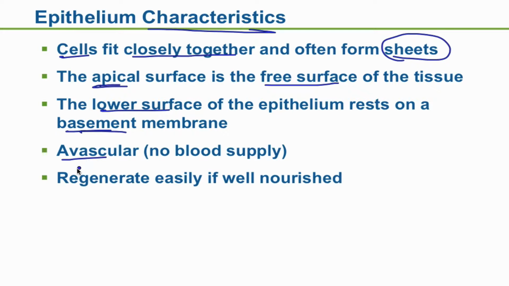Epithelium is also avascular. That means that there is no blood supply. Remember, usually when there's an A before something, that means without. In addition, epithelium regenerates easily. When it talks about nourished, we're specifically talking about if there's oxygen. If it's oxygenated, then it'll regenerate very easily.